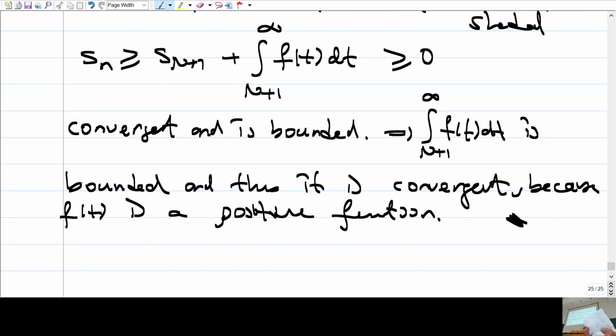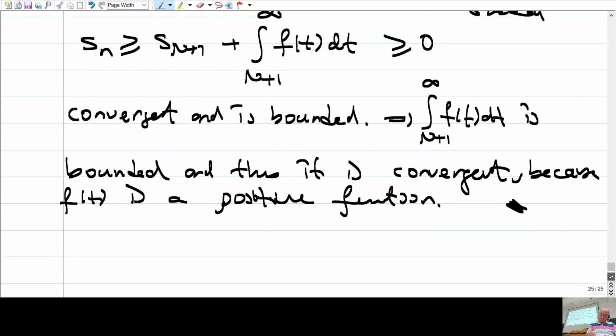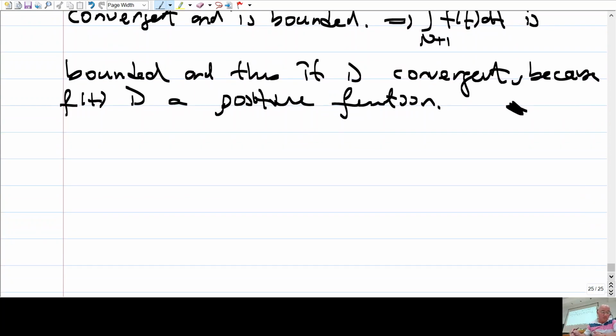We have already seen one example. Let's give another example. This is called the p-test.